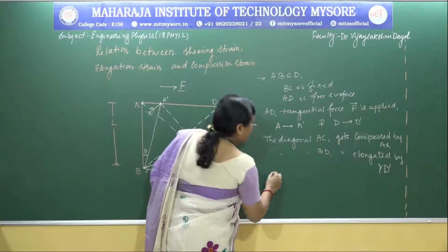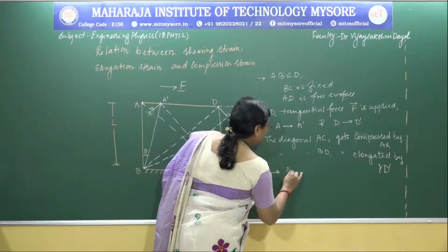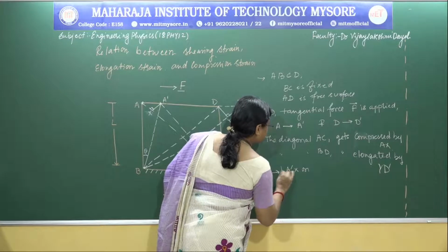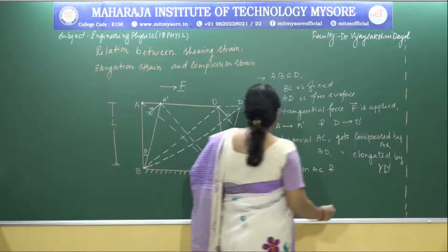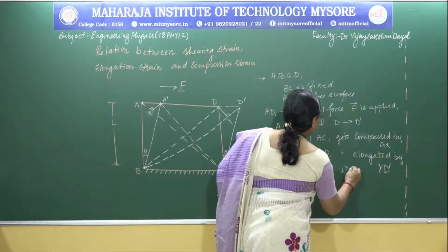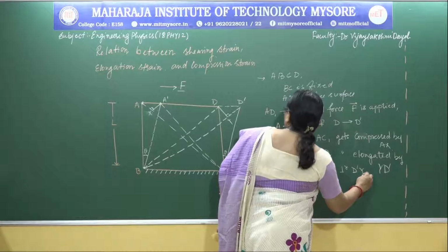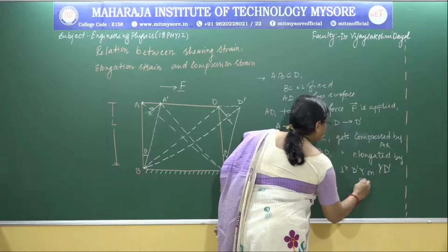So this is what we could find by putting a perpendicular A dash X on AC and perpendicular D dash Y on BD dash.